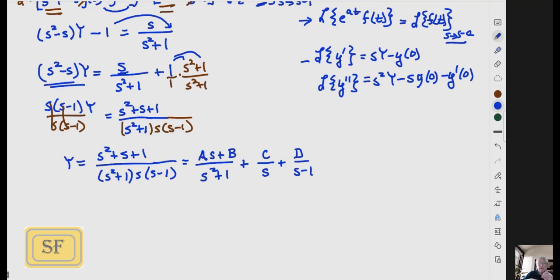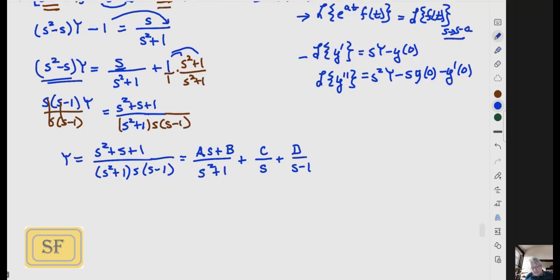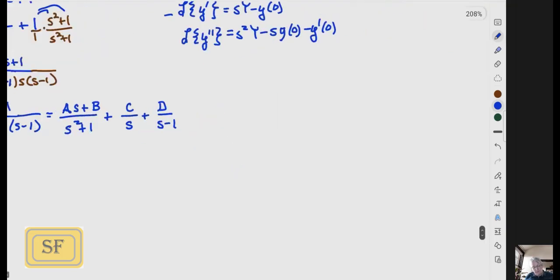Okay, so here, and I'll try to do this off to the side. I think I have enough room. I'm going to just do this partial fraction decomposition. I'm going to multiply through by the common denominator, and that's going to cancel everything from the denominator on the left side.